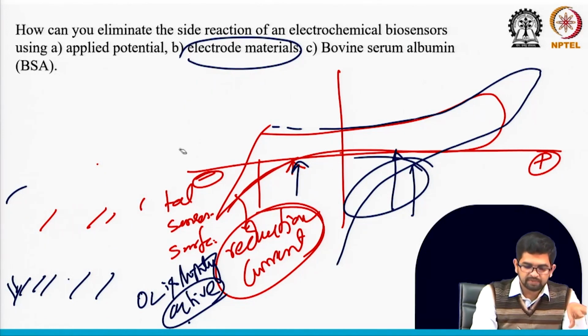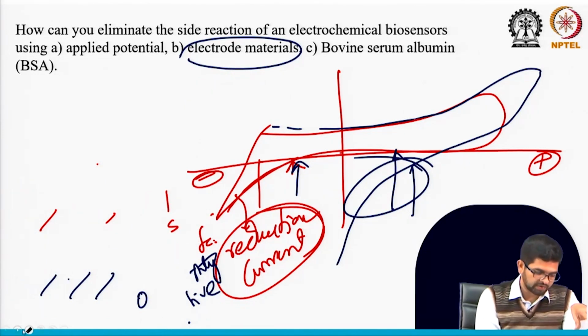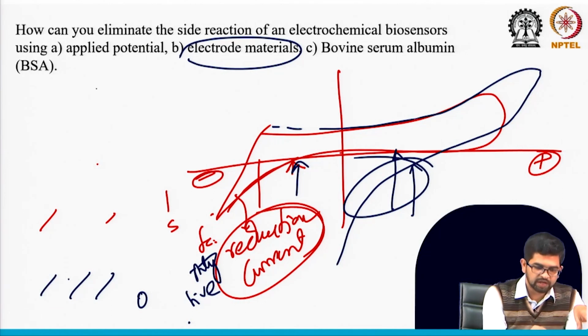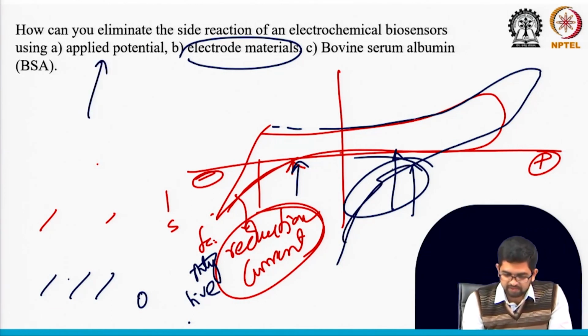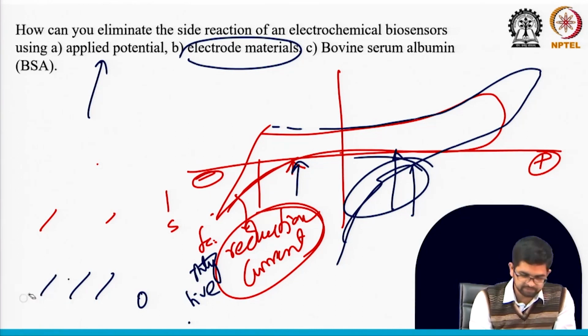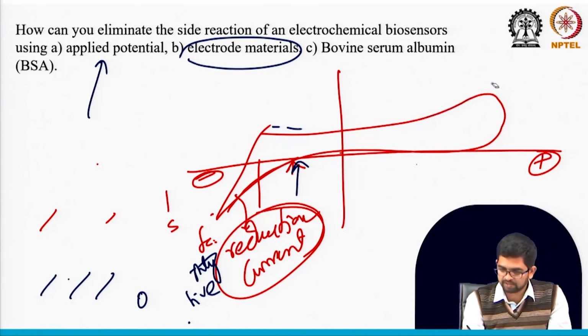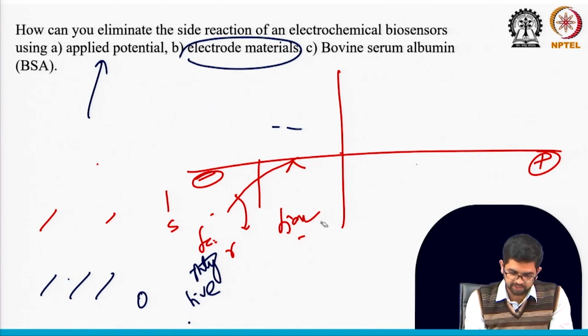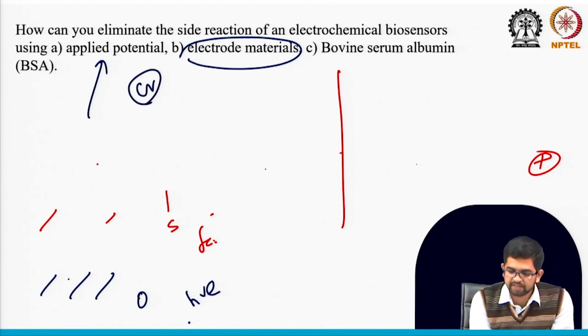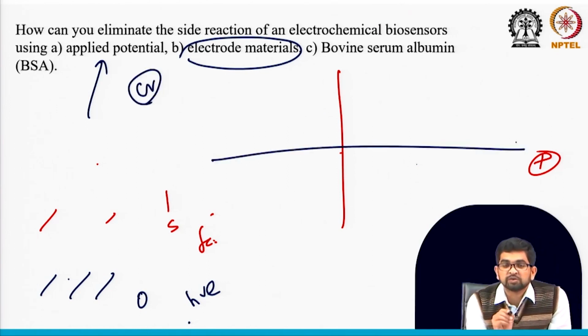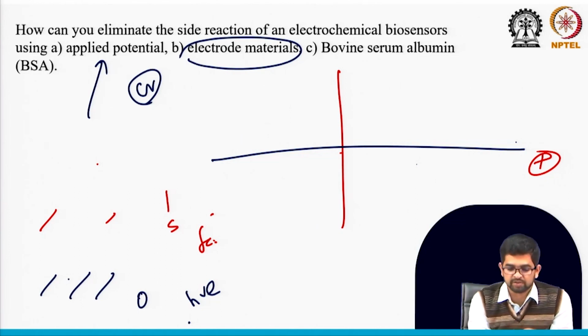Now let us come to another factor, the applied potential. In the first cyclic voltammogram, let us remove the second one. As I told, cyclic voltammogram is a very important tool. You can get so much information before developing a biosensor.